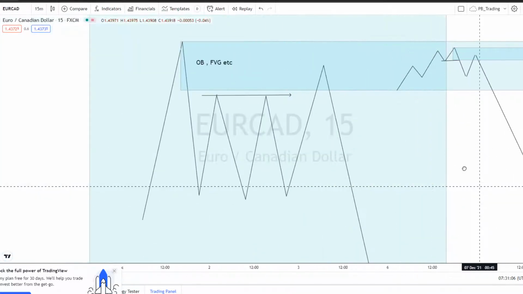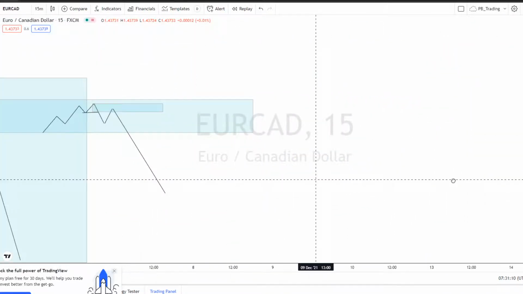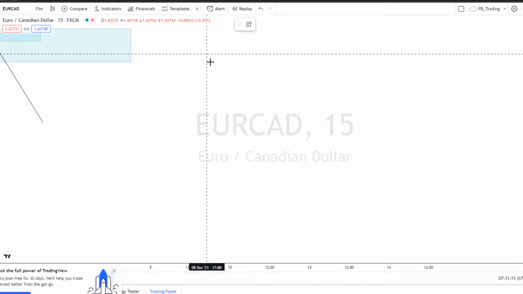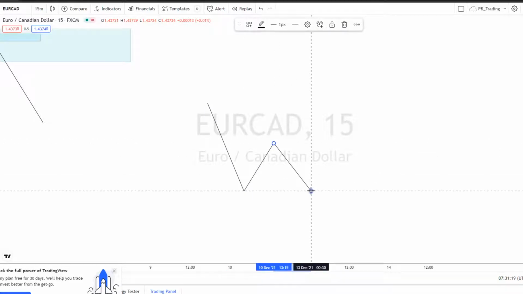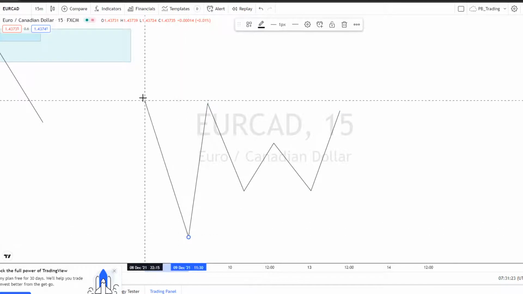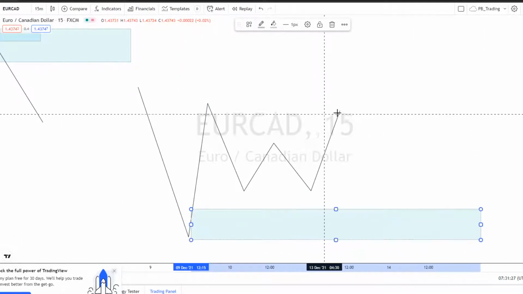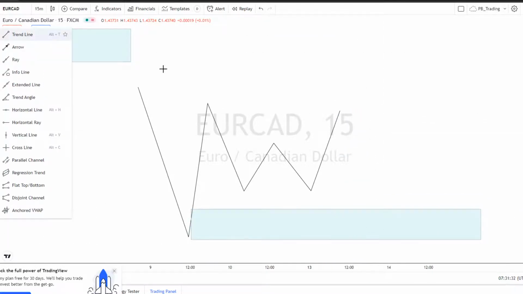Now the same thing applies when we have price pushing through equal lows. It's pretty much vice versa. So let's say in the past we had a zone here, so price pushed through equal lows.